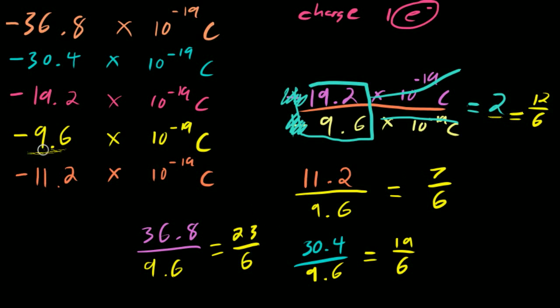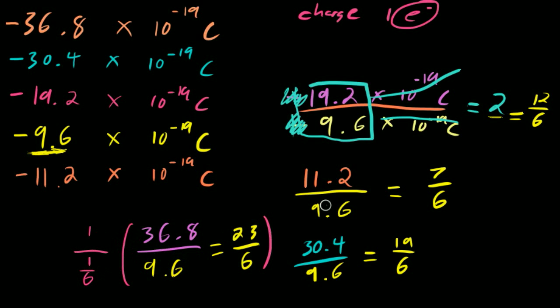So what if the charge of one electron actually was 1/6 of this charge? What if it was 1/6 of our first guess? You can probably see where this is going. It would be if we multiplied each of these ratios by 6, which would be the same thing as if we divided by 1/6.